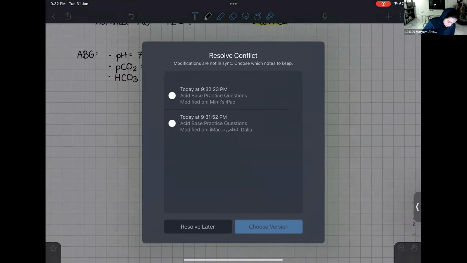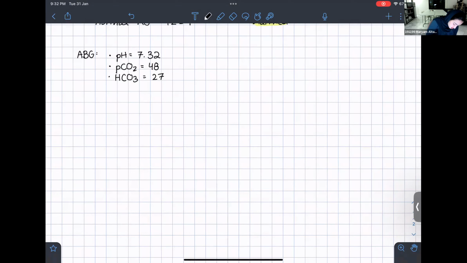Sorry for that. Okay, so first of all, is the pH high or low? pH is low. ممتاز. Is the PCO2 high or low? All right, great. PCO2 is high. Tamam. Is the bicarb high or low? It's a bit high.